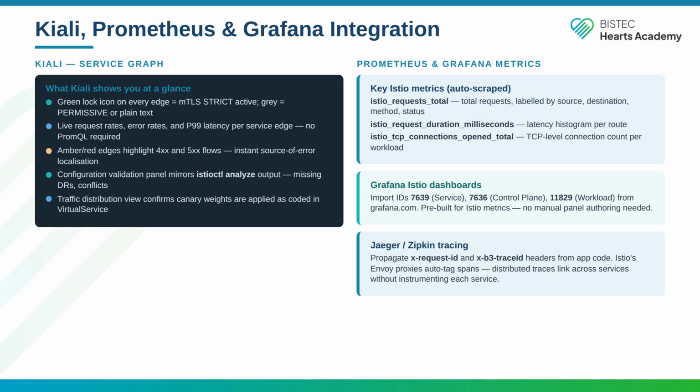Kiali is your service graph and configuration validation console. It reads from Prometheus and the Kubernetes API to render a real-time topology of your mesh, with per-edge metrics. The most important visual indicator is the lock icon on each service edge. A green lock means mTLS strict is active on that connection. A gray icon means permissive mode or plain text.